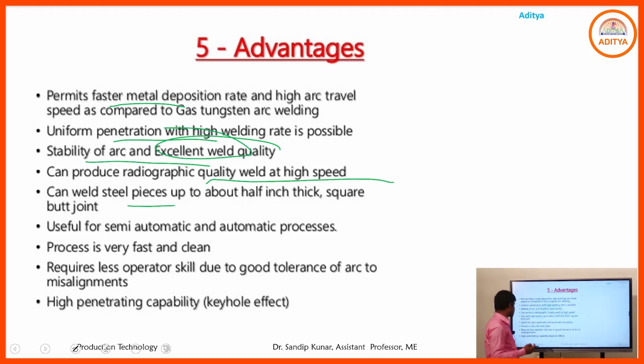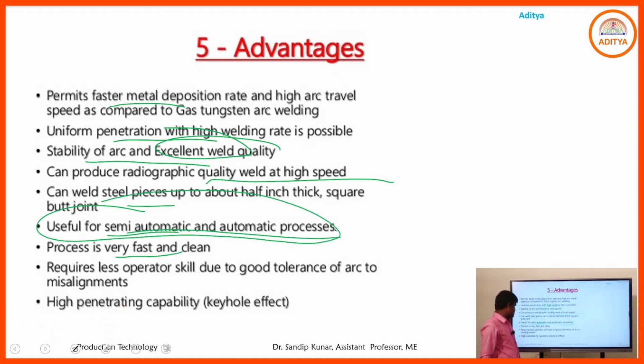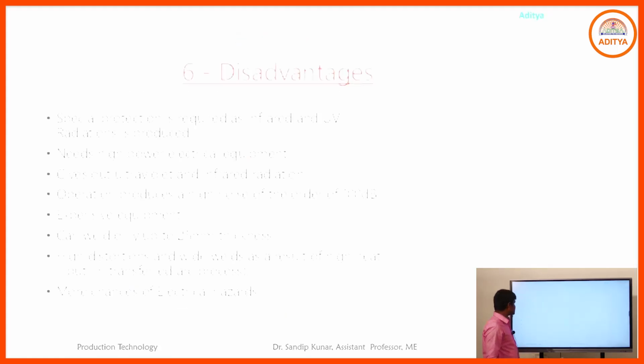It is useful for semi-automatic and automatic processes. It is a very fast and clean welding process. It requires less operator skill, since it is an automatic welding process where we control it using a control system. And it has high penetrating capability: the keyhole gives a higher penetration depth.